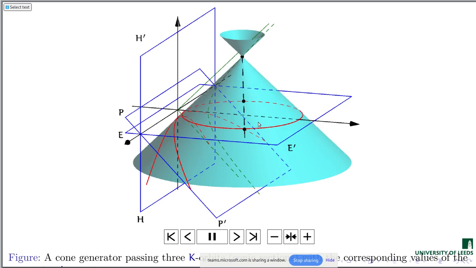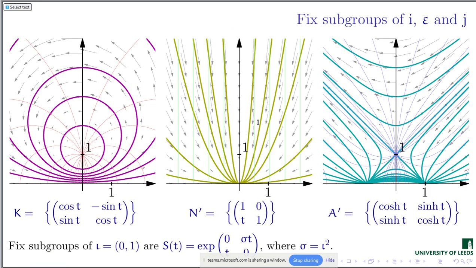So actually, the action of subgroup K is produced by rotation of this cone around its axis. So the conic section is not just given by formula, but also by its geometrical origin, which appears here.